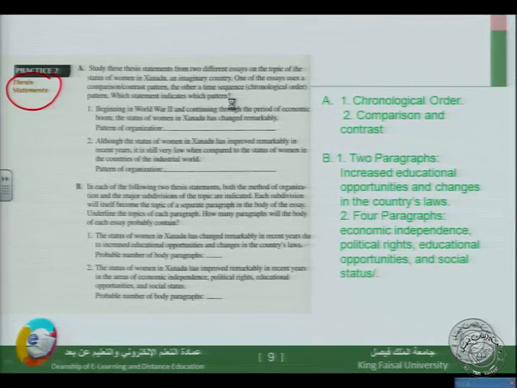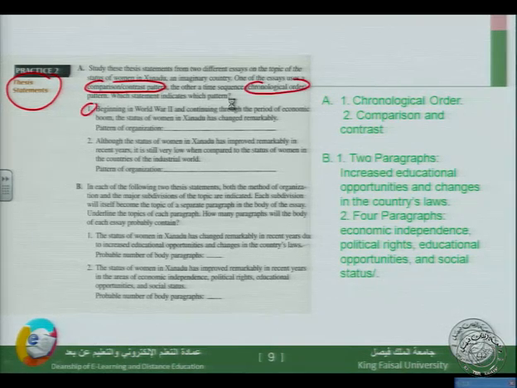The other one, a time sequence, chronological order, مثل اللي أخذناها في عام 1970 1980 1990. هذا بنسميه chronological order في الترتيب الزمني. Which statement indicates which pattern? خلينا نقرأ نعرف إما comparison contrast statement، أو إنه استخدم chronological order.